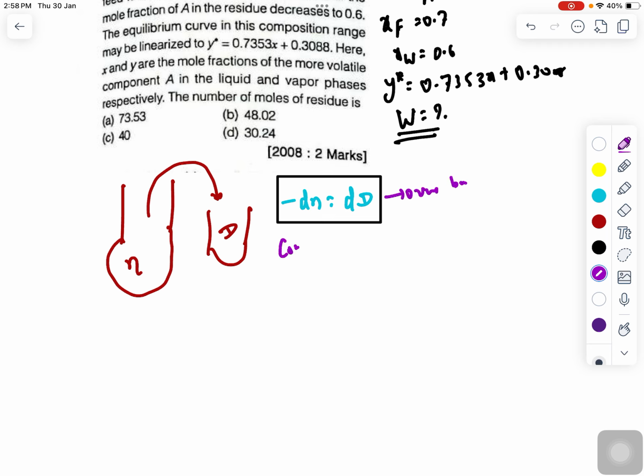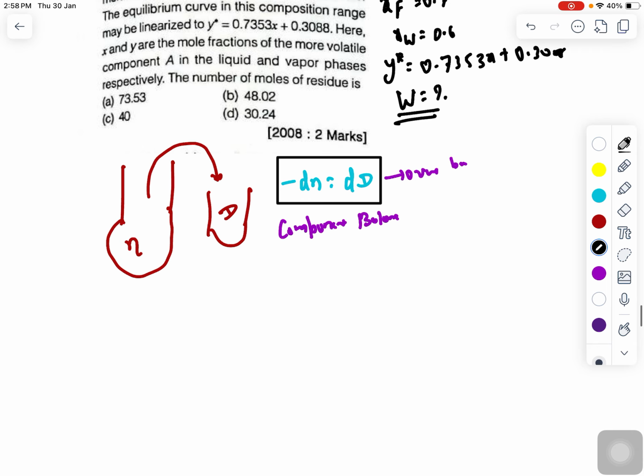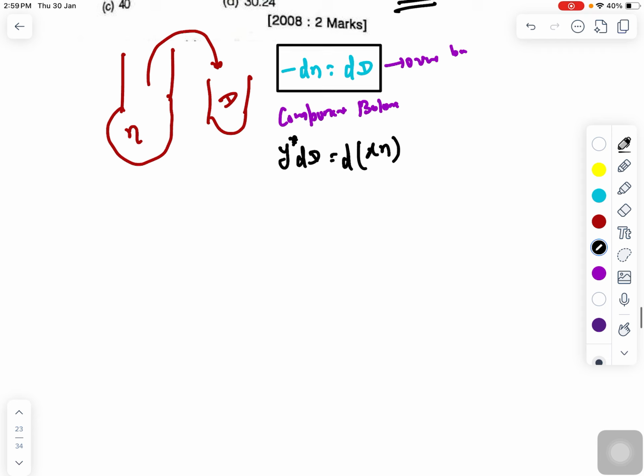Now coming to the component balance. So let's say y star is our equilibrium composition. So y star dD should be equals to minus d of d, or I can write that is equals to d of x into n. Is that clear?